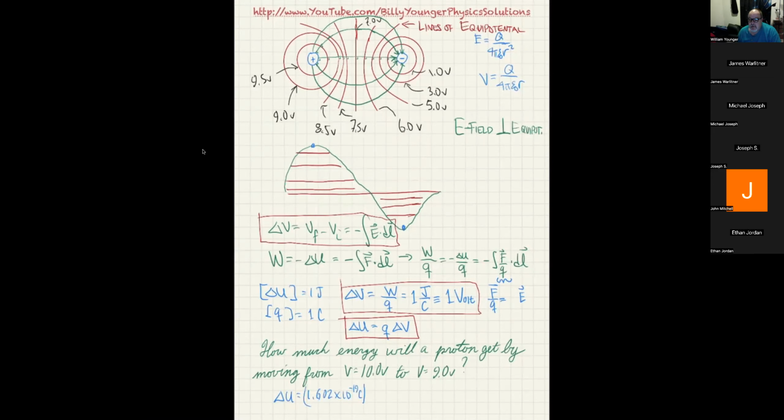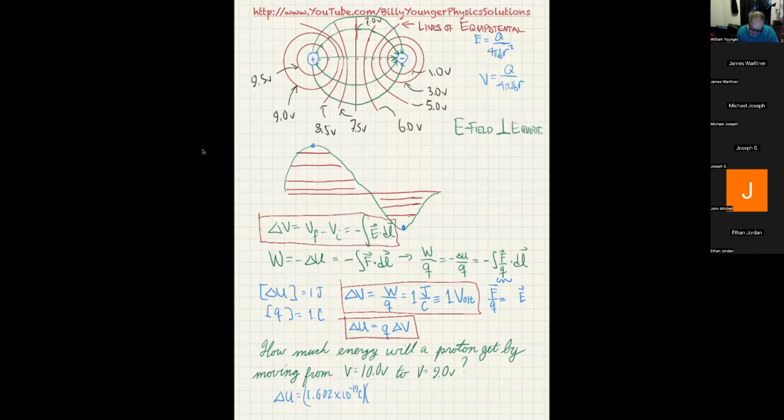Proton charge. Yes, the positive is the proton charge. If I put a negative on it, it's the electron charge. And this formula, by the way, delta U equals Q delta V, that's one of the times where the negative on the charge being put in can absolutely be helpful. Remember, delta V is final minus initial.